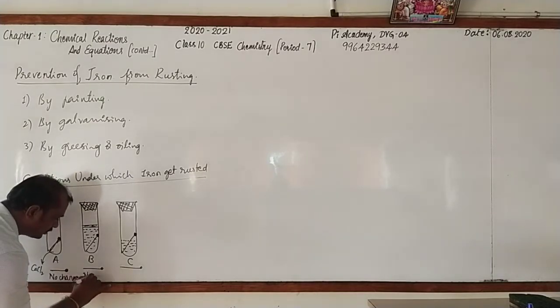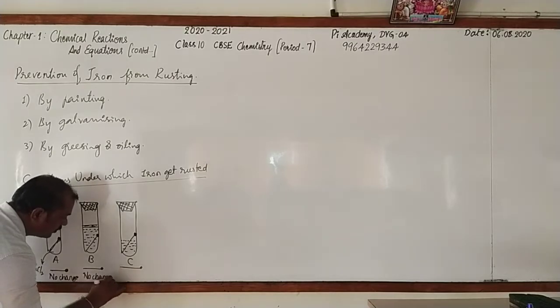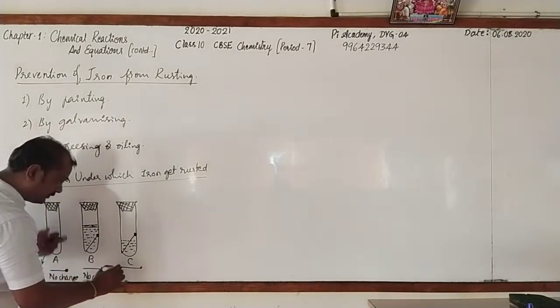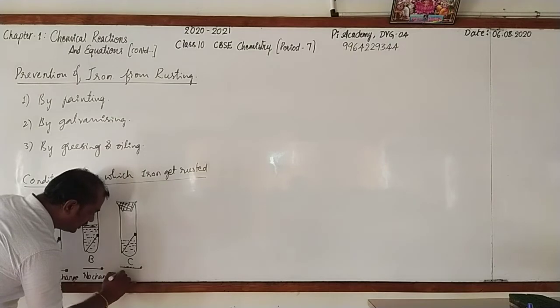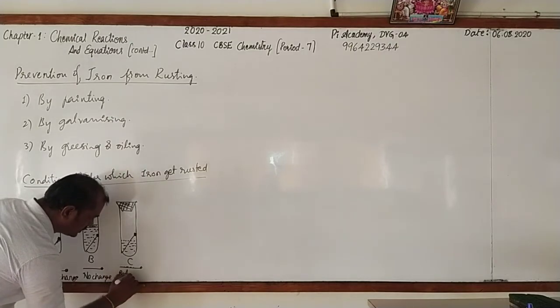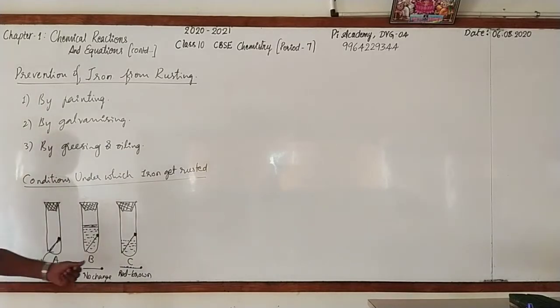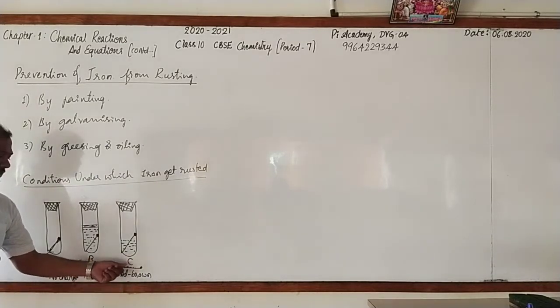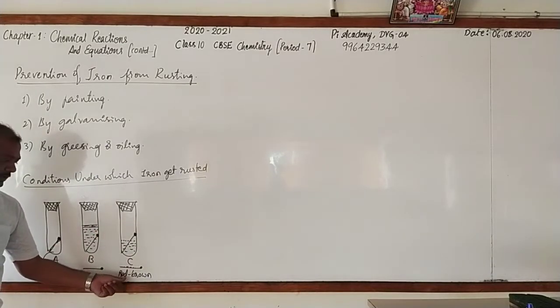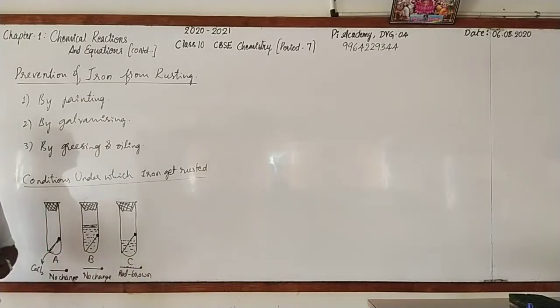Similarly, in B also no change. Whereas in C, you can see the red-brown patches. So can we say that the iron nail kept in test tube C gets rusted? Yes.